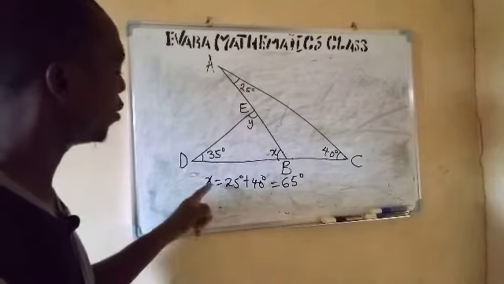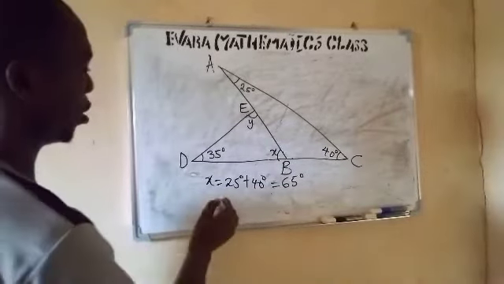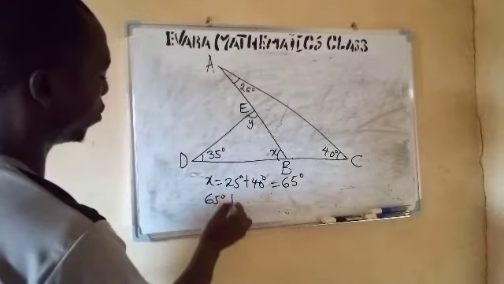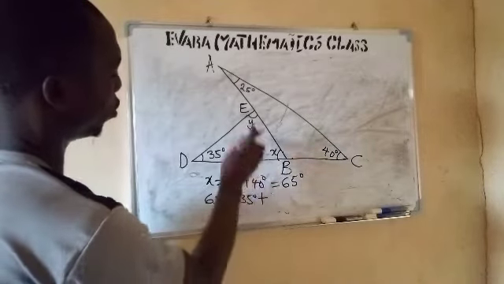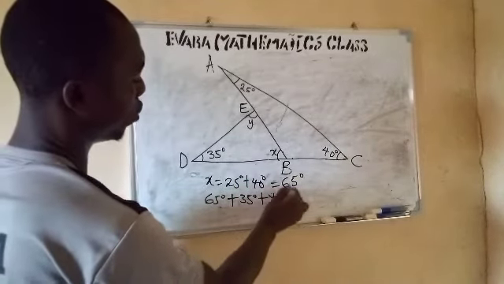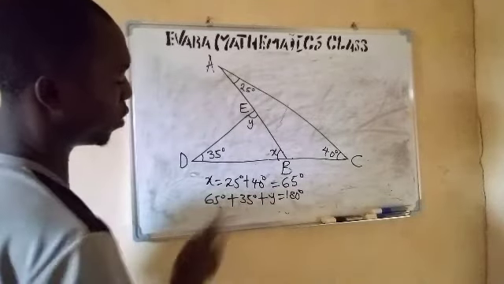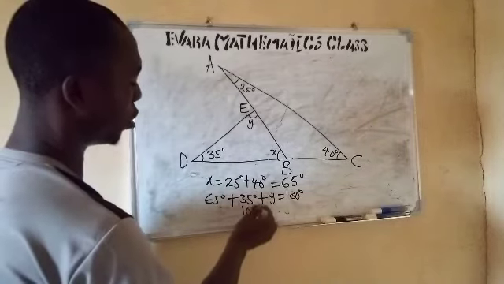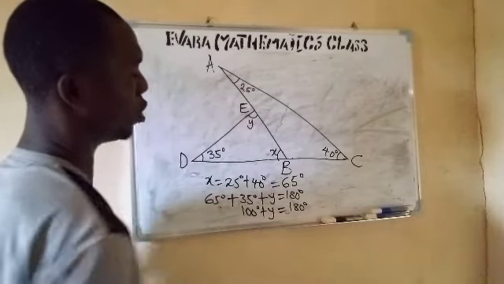So since we've gotten the value of X to be 65 degrees, that means 65 plus 35 plus Y is equal to 180 degrees. So 65 degrees plus 35 degrees is 100. So that is 100 degrees plus Y is equal to 180 degrees.